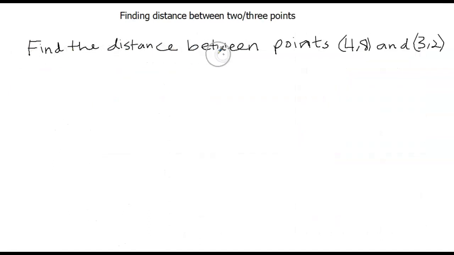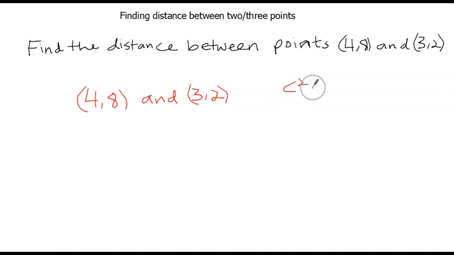We have been asked to find the distance between the points (4, 8) and (3, 2). So this is the strategy that we are going to develop. We know that for the distance we are going to use c squared equals a squared plus b squared.